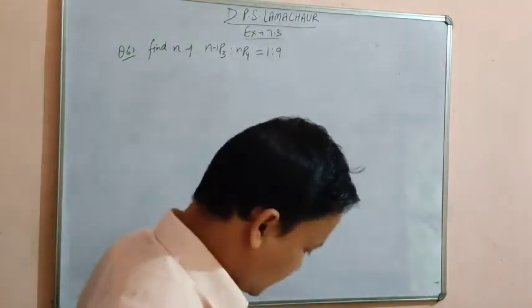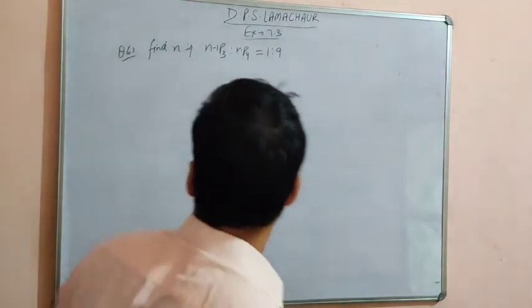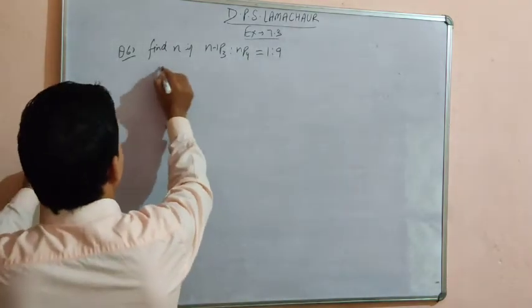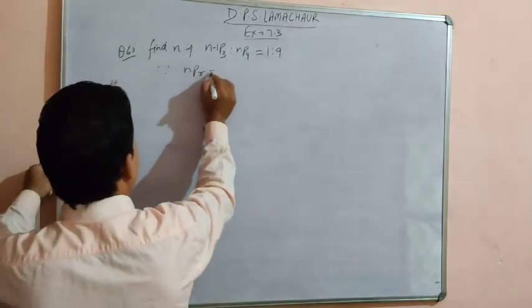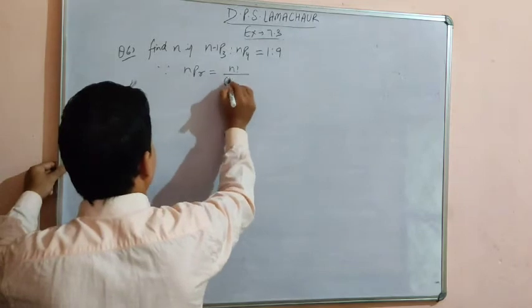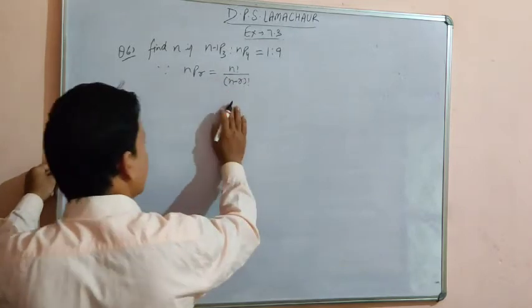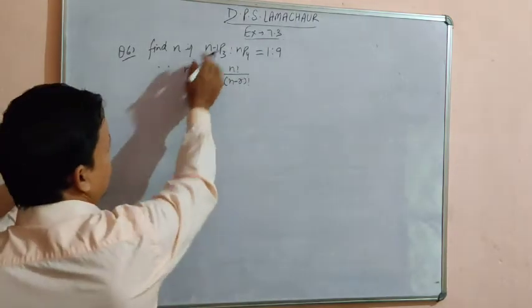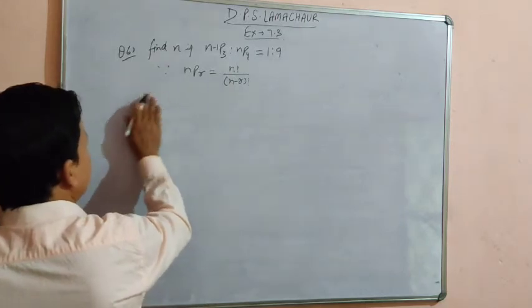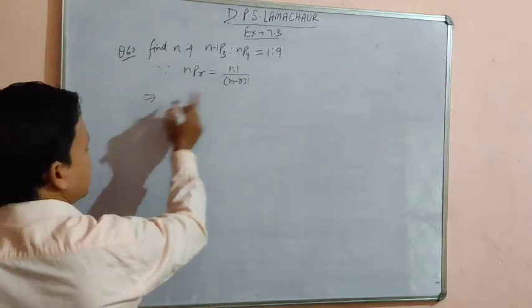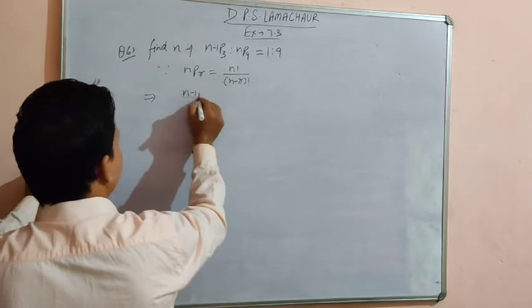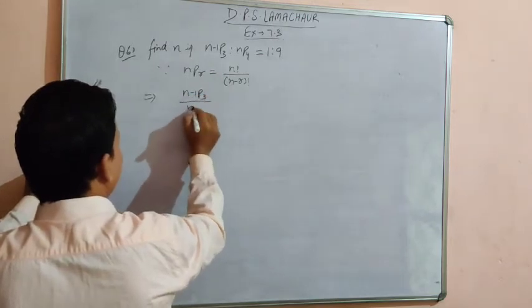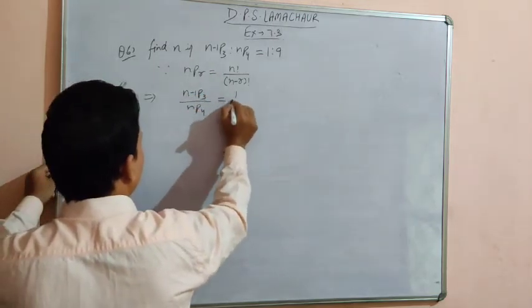Since we know that nPr equals n factorial upon (n minus r) factorial, we are going to apply this formula here. Taking left hand side and right hand side simultaneously, (n-1)P3 divided by nP4 equal to 1/9.